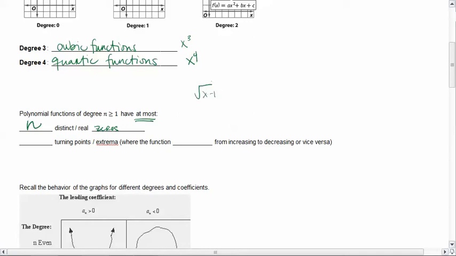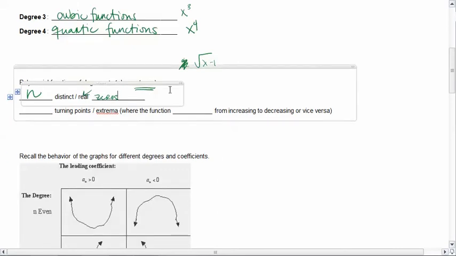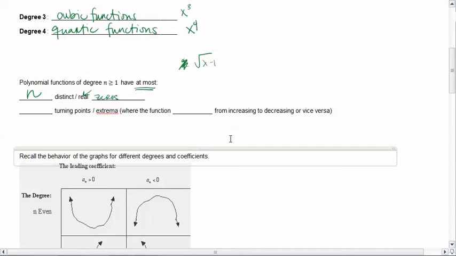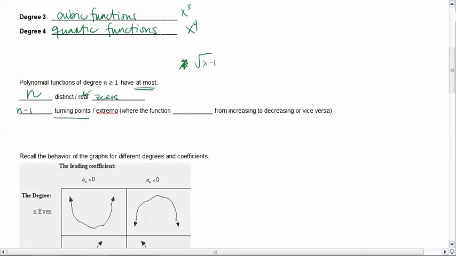We're not worried about the positive and negative. We're talking about just the real zeros, so just the real numbers that we get out of this. In addition to having n distinct zeros, these are going to have n minus 1 turning points, or extrema, where the function changes from increasing to decreasing, or vice versa.